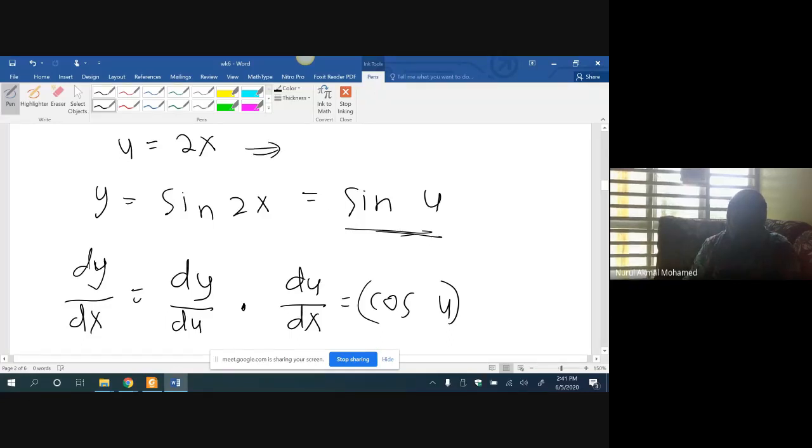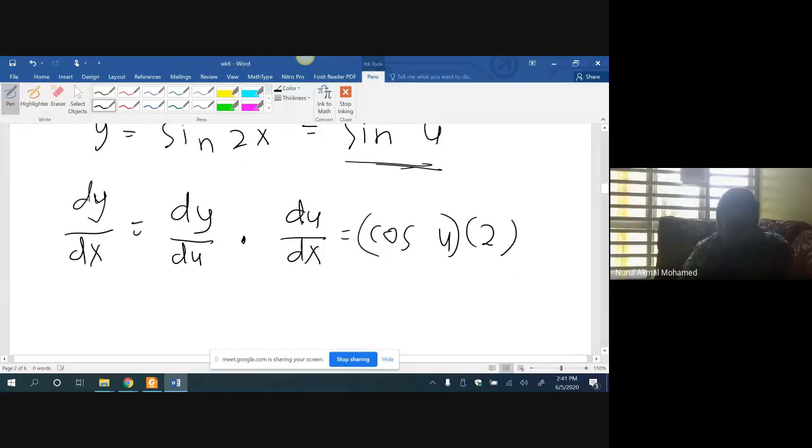So du/dx is equal to 2. We expect the final answer to be in terms of x instead of u, so you have to substitute u equal to 2x back into this expression. So it will be 2 cos 2x. This will be the answer.